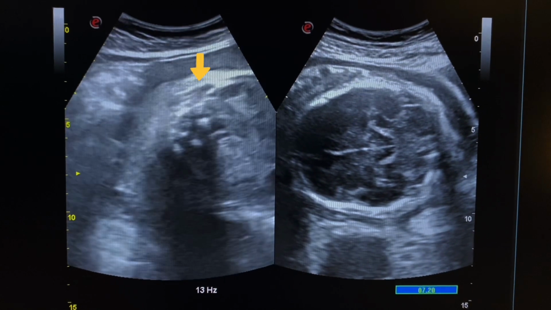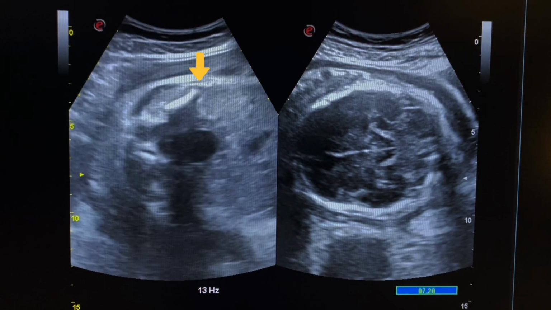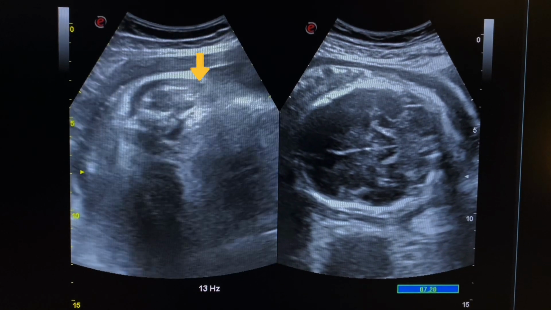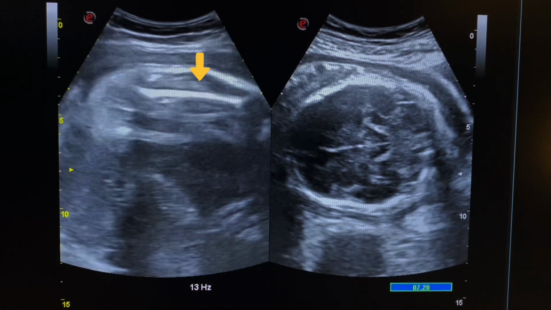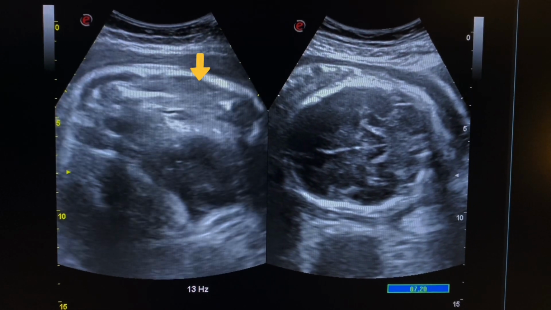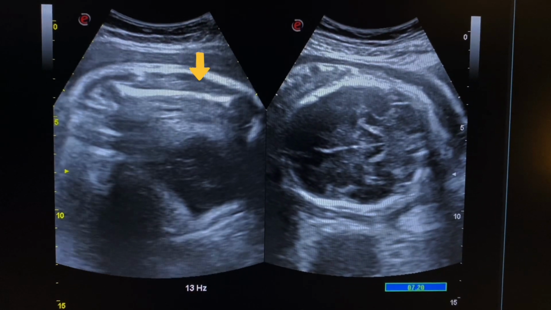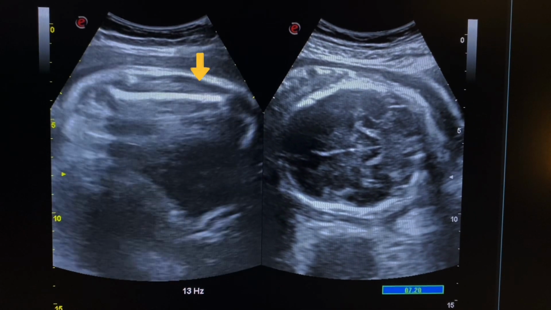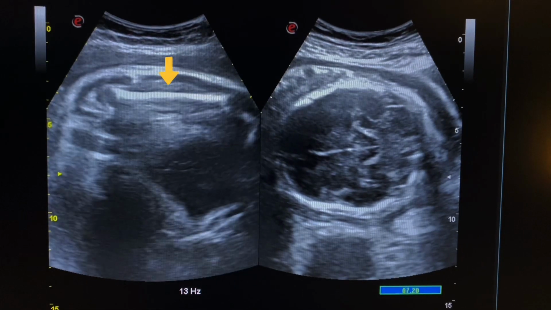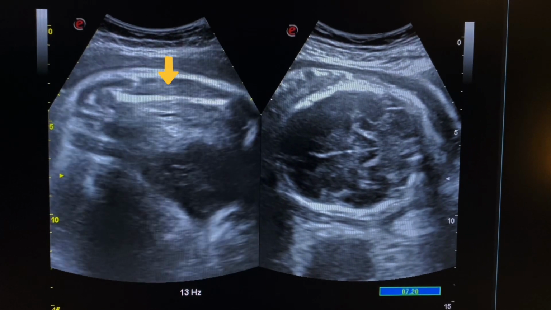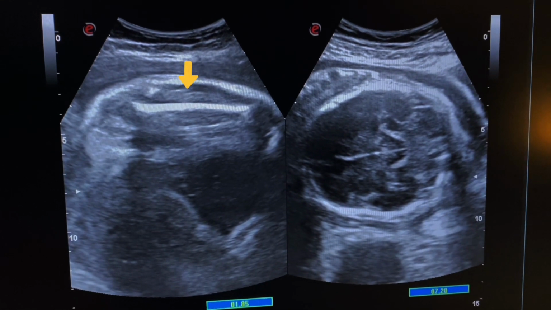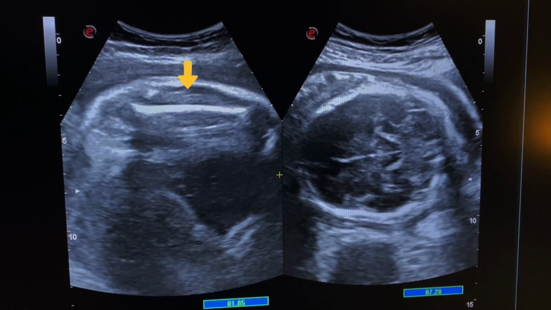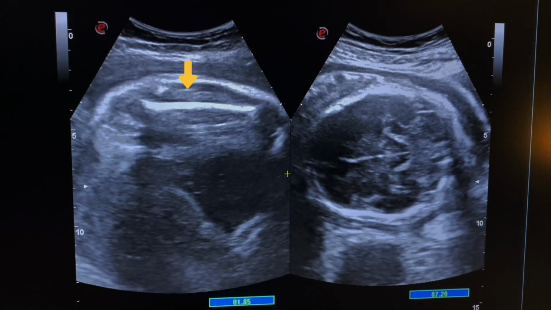Now we will move the probe right and left of the abdomen to locate the femur bone. Here we see the femur, and slightly rotating the probe to get the maximum size of the femur. Now we will measure the size of the femur.